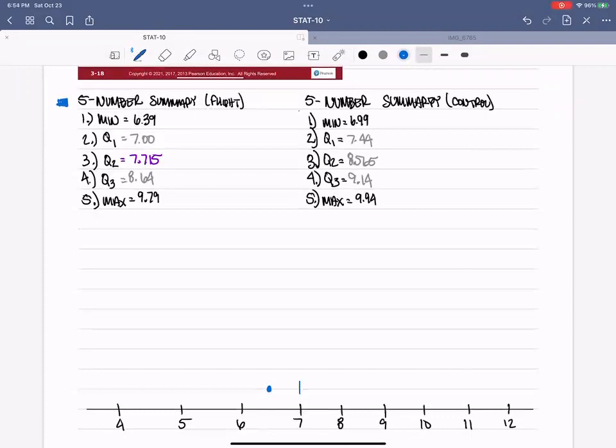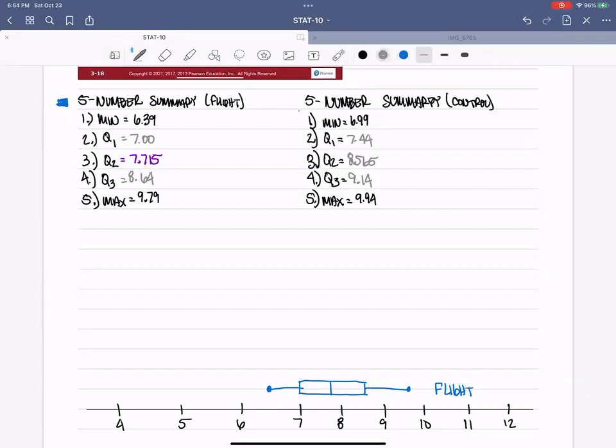Q2, 7.715. Q3, 8.64. There we go there. And our maximum value, 9.79. This right here. And this is our data for the flight rats.